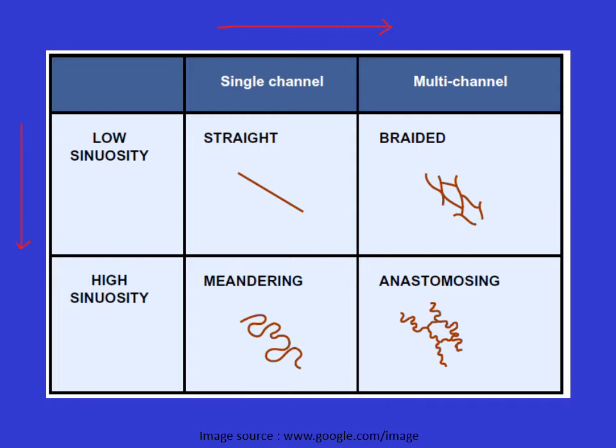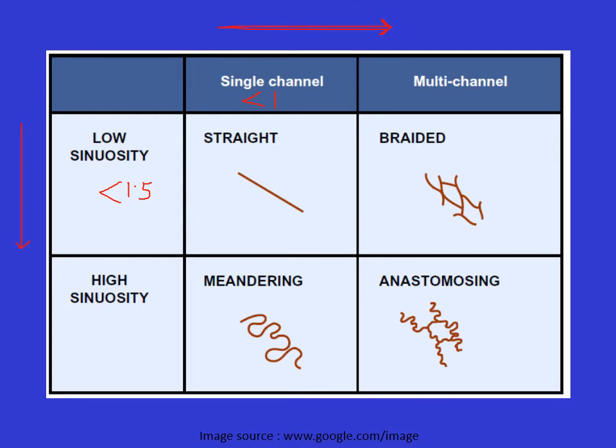Now, if we plot this multi-channelness or braiding parameter in x-axis and sinuosity value in y-axis, the first quadrant has low sinuosity, meaning the value is less than 1.5, and the braiding parameter or multi-channelness is less than 1.